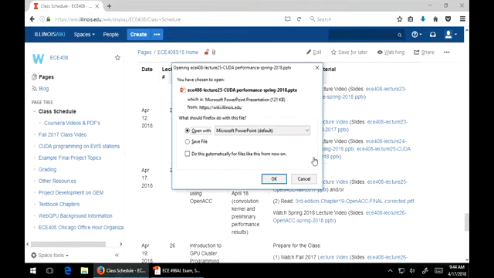Seems like the display, we may have to reboot the system. This is very interesting.